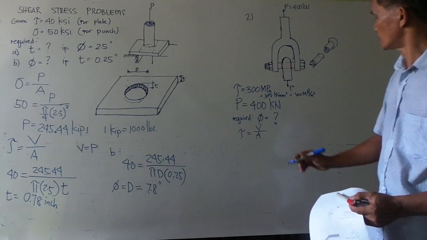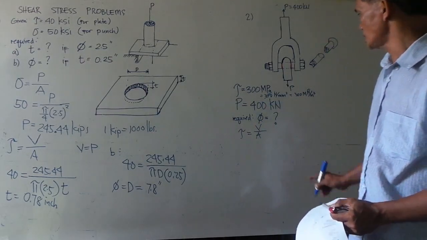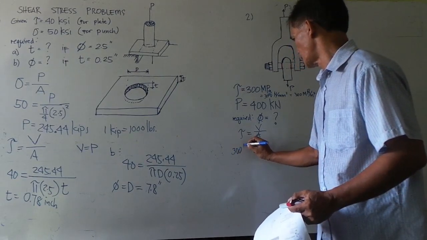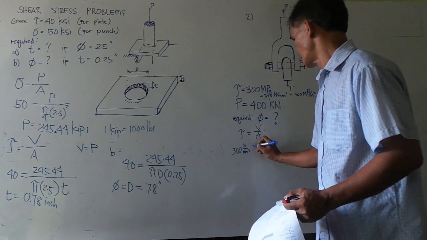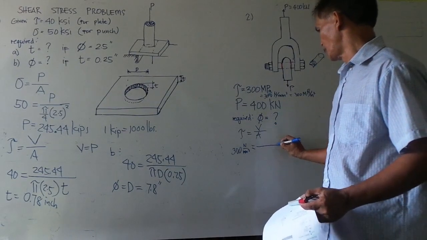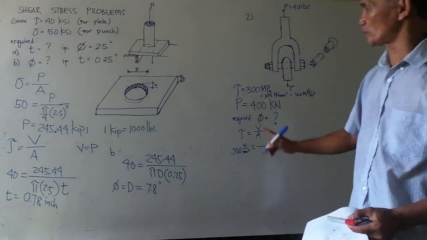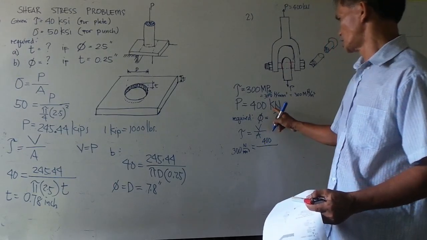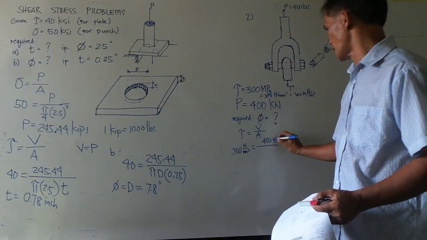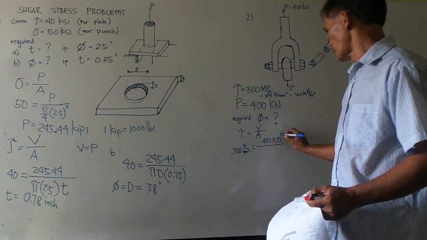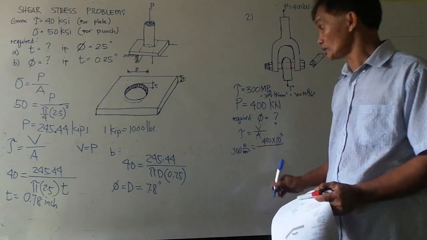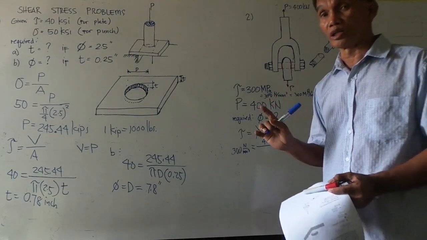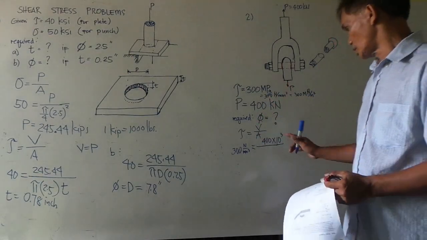That's the equivalent. So, we go to the formula. You have 300 megapascal, which is Newton per mm squared, equal to V, which is the force causing the shear. So you have 400 kilonewton, and you multiply this by 10 to the power of 3 to make it Newton, since 1 kilonewton is 1000 Newton.